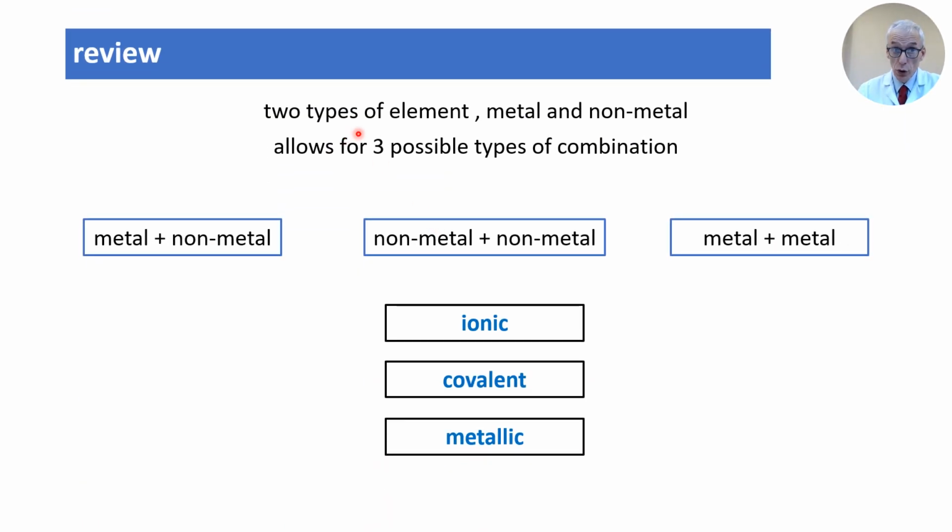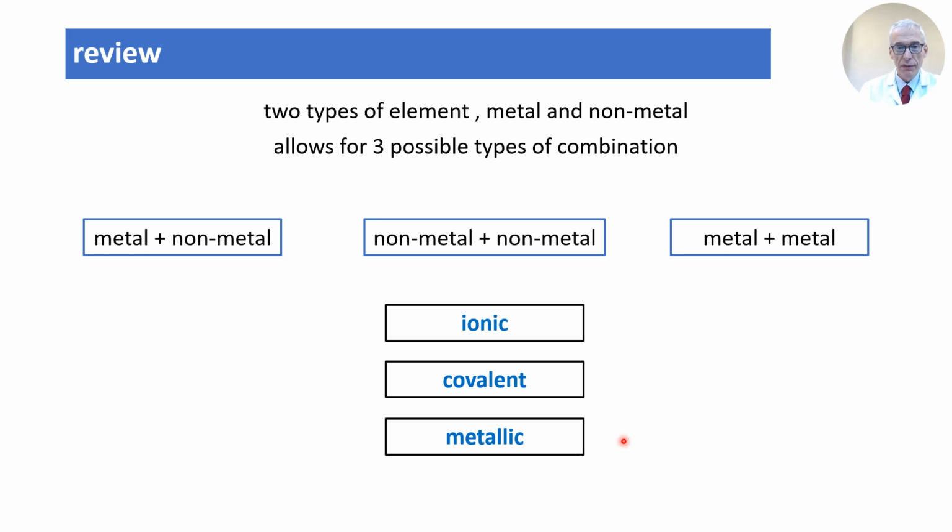The two types of element, metal and non-metal, allow for three possible combinations. We could have a compound combining a metal and a non-metal, a non-metal and a non-metal, and of course a metal and a metal. There are three types therefore of bonding: ionic, covalent and metallic.